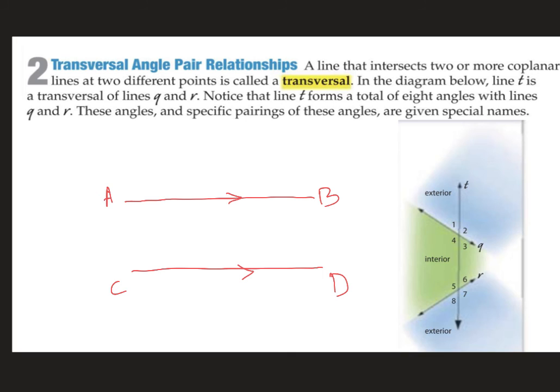Then if I have another line that cuts through the parallel lines, like my blue line, that blue line will be called a transversal because it's cutting through the parallel lines. And we're going to see in the next video that there are special angles that are formed in between all of these 8 angles. So all of these angles that I am highlighting in green, we're going to have special names and special relationships.